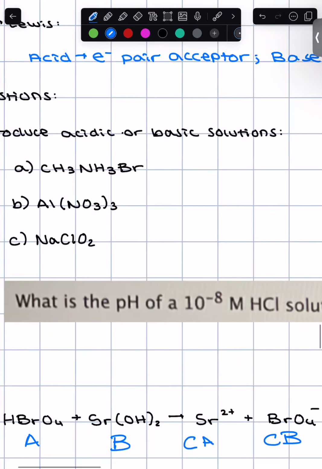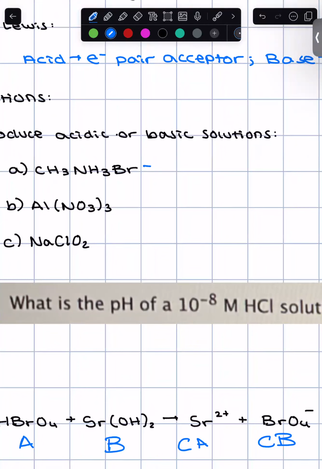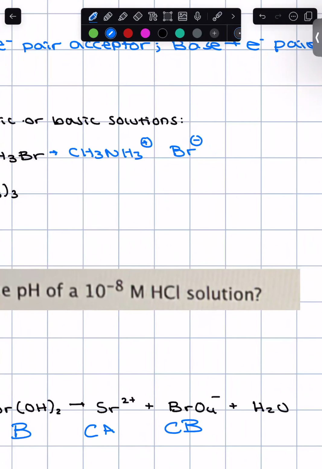You want to break this up into your ions, right? So you're going to produce CH3NH3 that's going to be positively charged, and Br negative. So bromide is a conjugate base because it's an anion, and it's coming from HBr. You should recognize that HBr is a strong acid. So then this has negligible acidity.